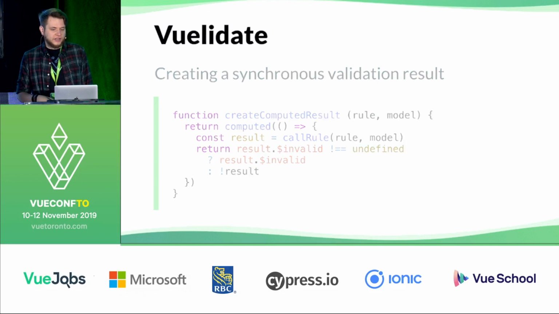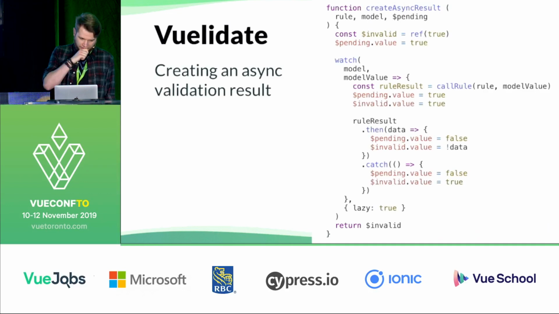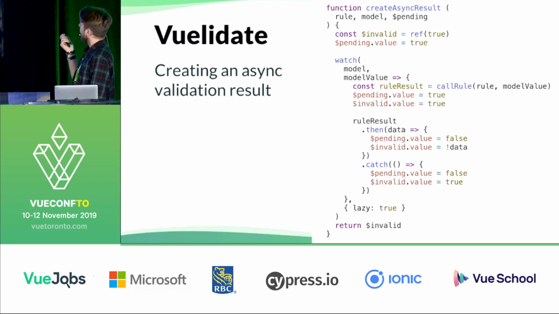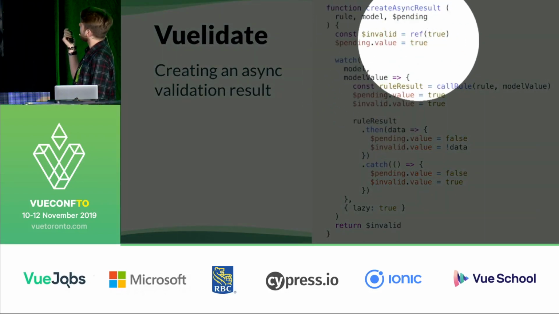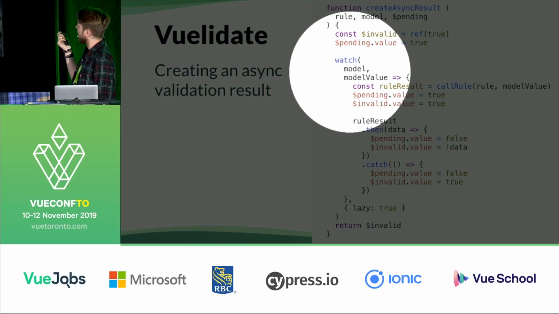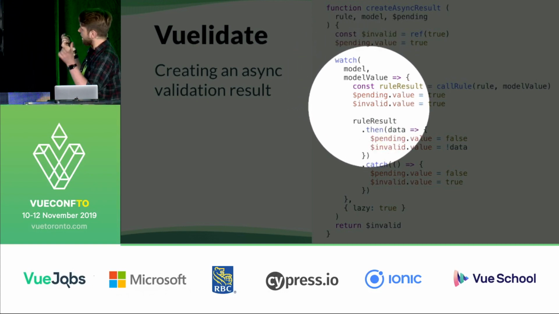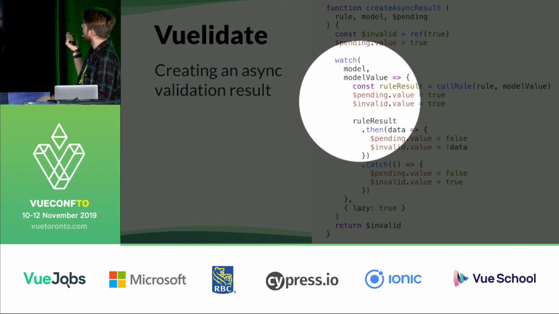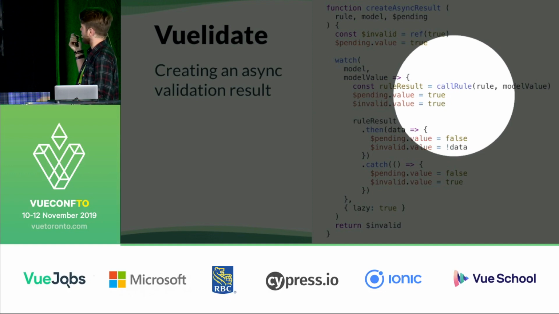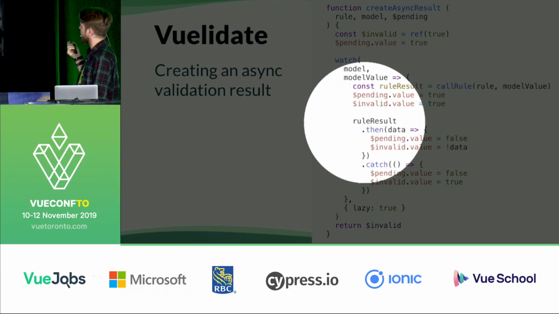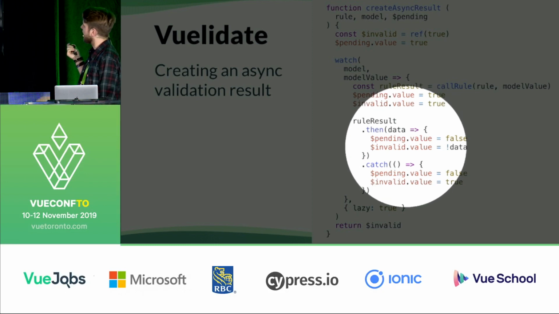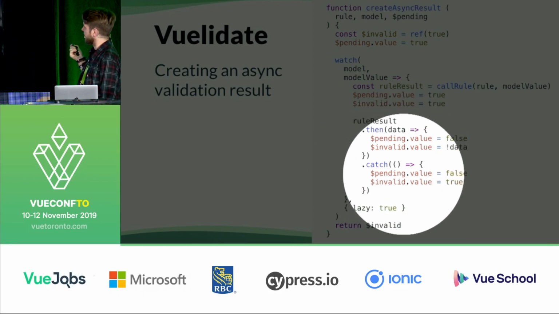Perfect. When it comes to asynchronous validators, what we can do is create a reference here. We can create a new watcher, which is watching the model. And then in the callback, we get the new model value, where we can call the validator, which returns a promise. Then we wait for the promise to resolve, update the pending state, update the invalid state. And if there is an error, we can do the same, right?